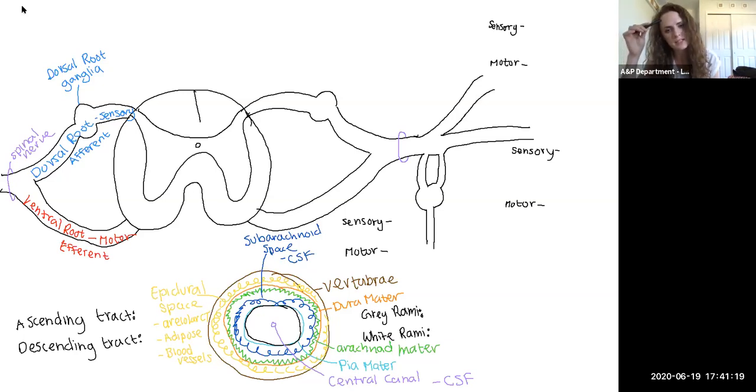So hopefully that makes sense, my picture, it's very colorful. But know what the three meninges are, so dura, arachnoid, pia, and then know where the spaces are found, your epidural space, your subarachnoid space, and your central canal, and know what's found in each of them. And these are just all different layers to protect that spinal cord in your vertebral column.